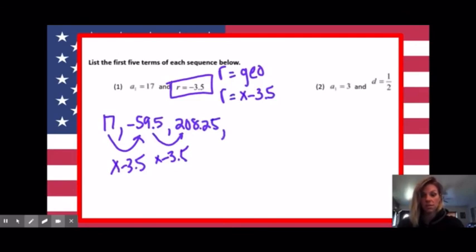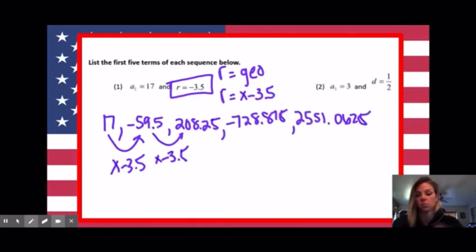So I'm going to times it by negative 3.5 again, and I get negative 728.875. And last but not least, when I multiply it by negative 3.5, I get positive 2,551.0625. You could have turned those into fractions if you wanted to, but you didn't need to because they're perfectly fine decimals. They ended.